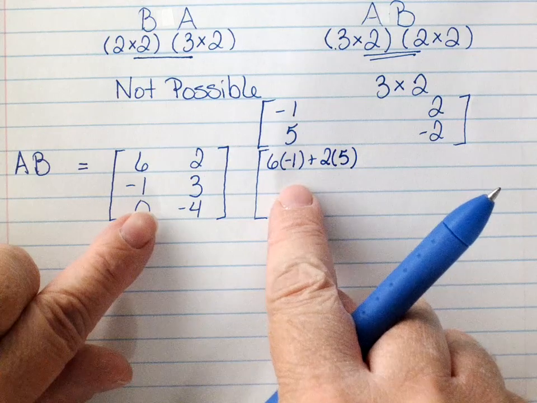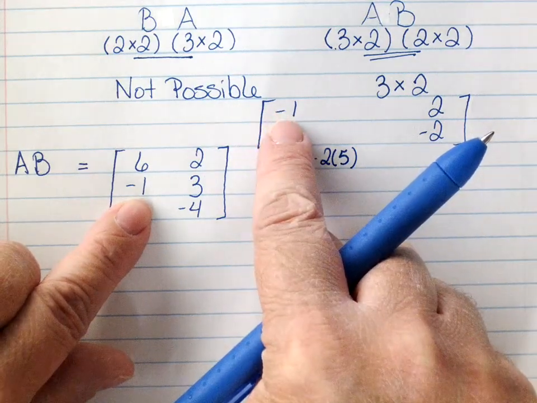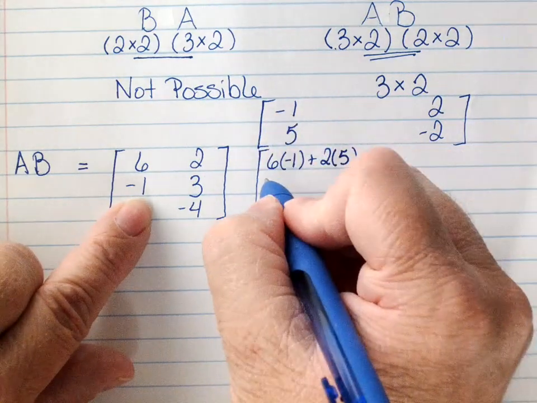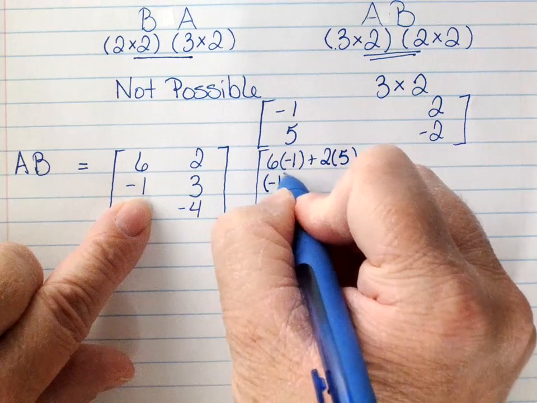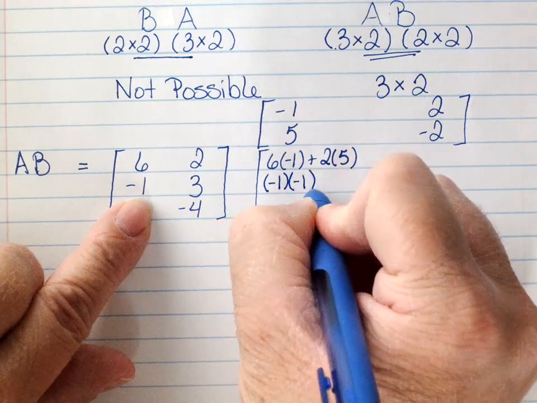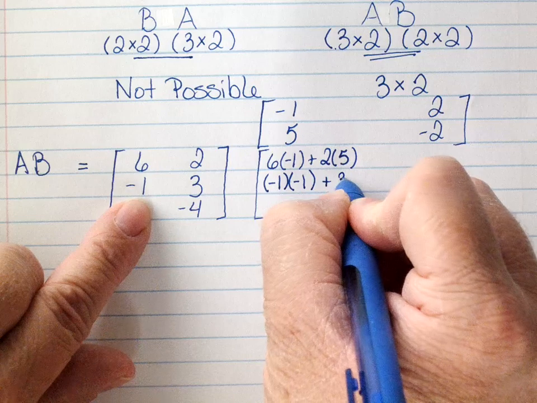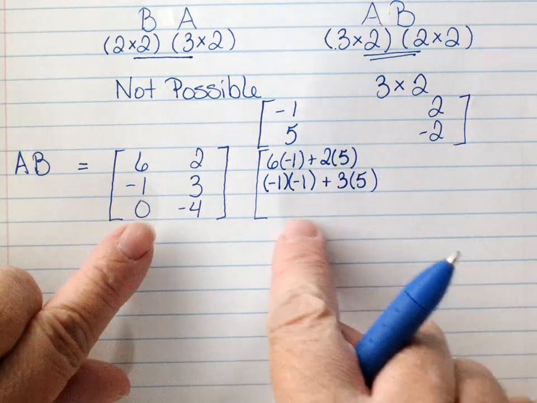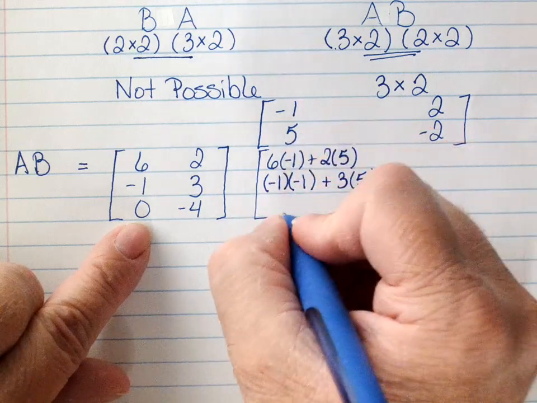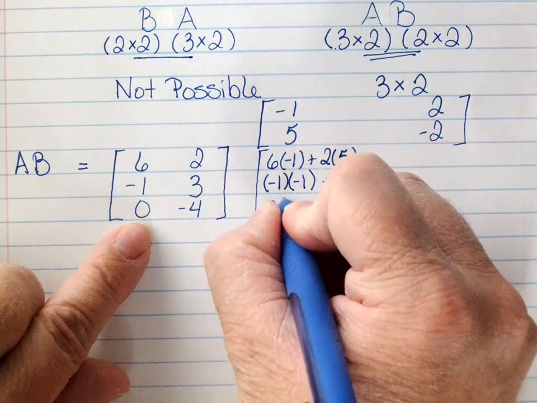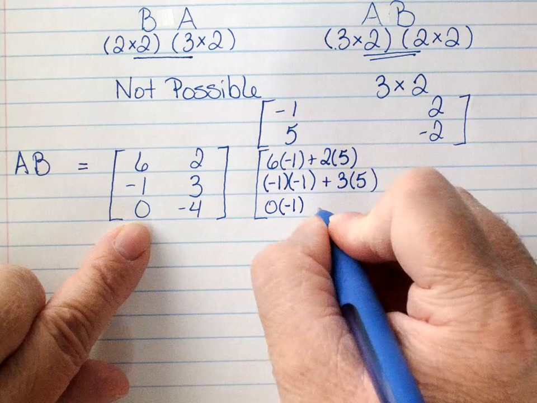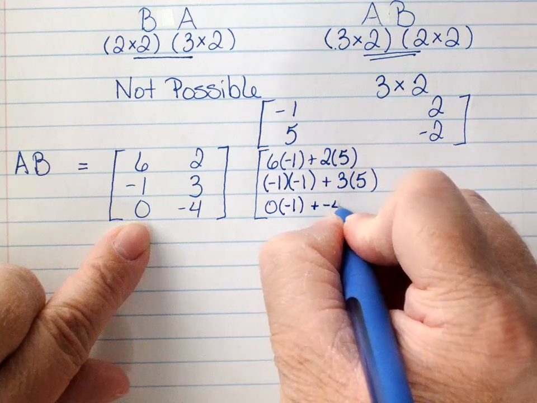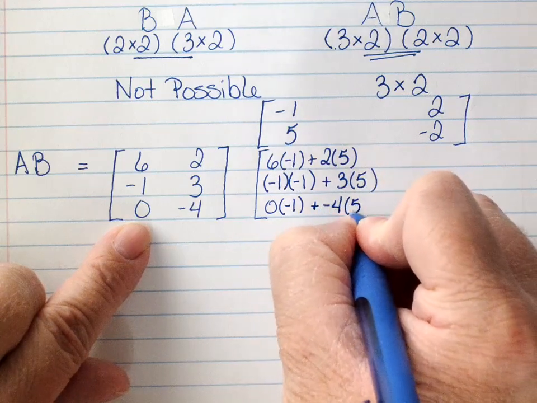To get the element that goes right here, we're going to have negative 1 times negative 1. Plus 3 times 5. To get the final element that goes down here, we're going to have 0 times negative 1 and negative 4 times 5.